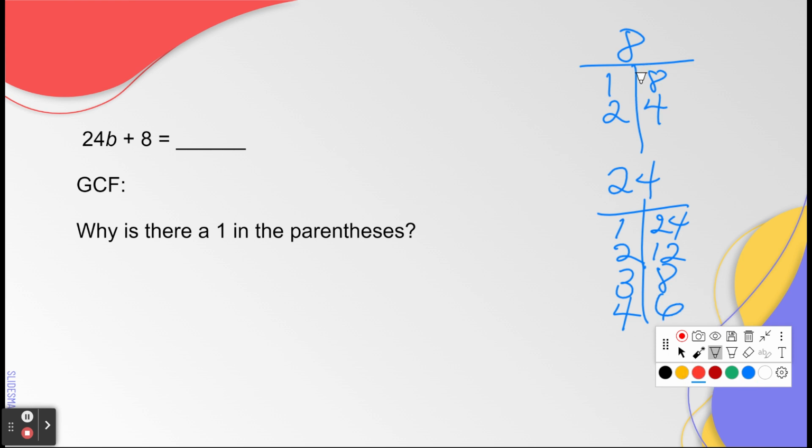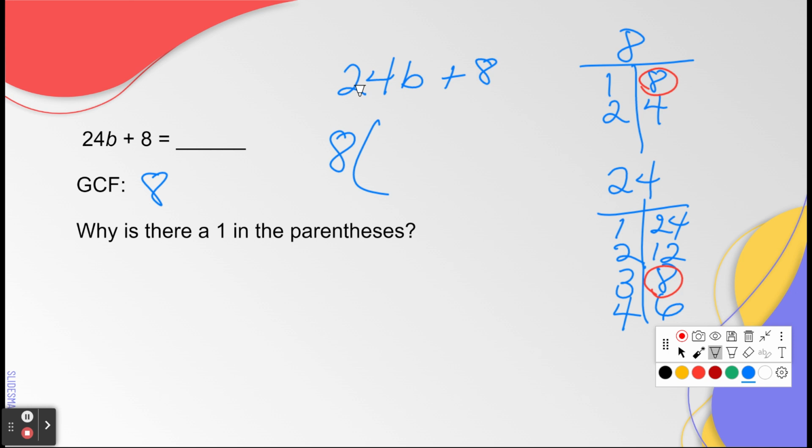So the greatest common factor that they both have in common is 8. So we are going to pull out the 8 outside of the parentheses, and then we need to think. I'm going to just rewrite the 8 up here, so it's right above it.